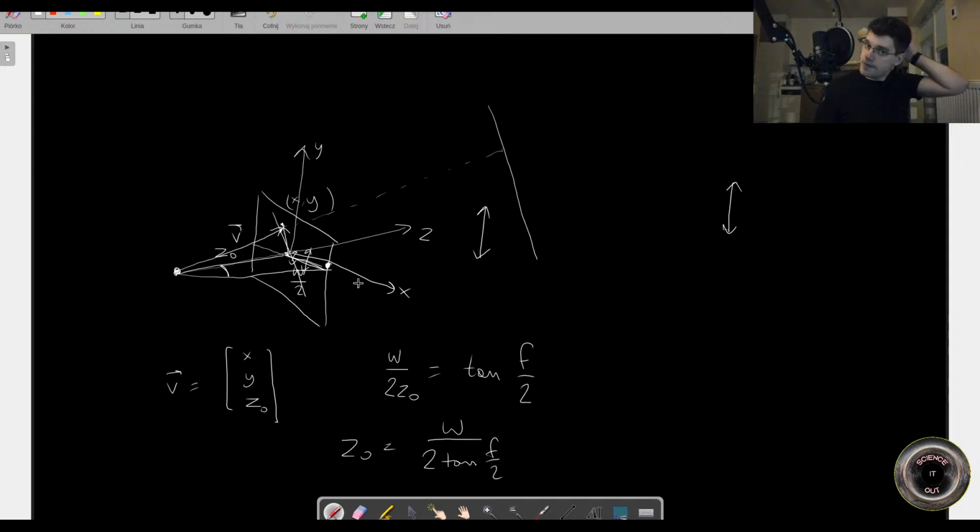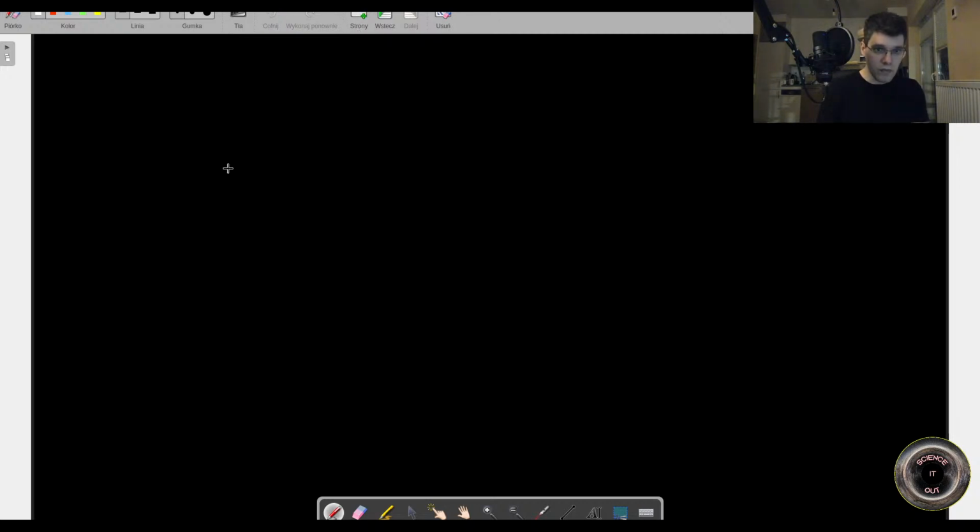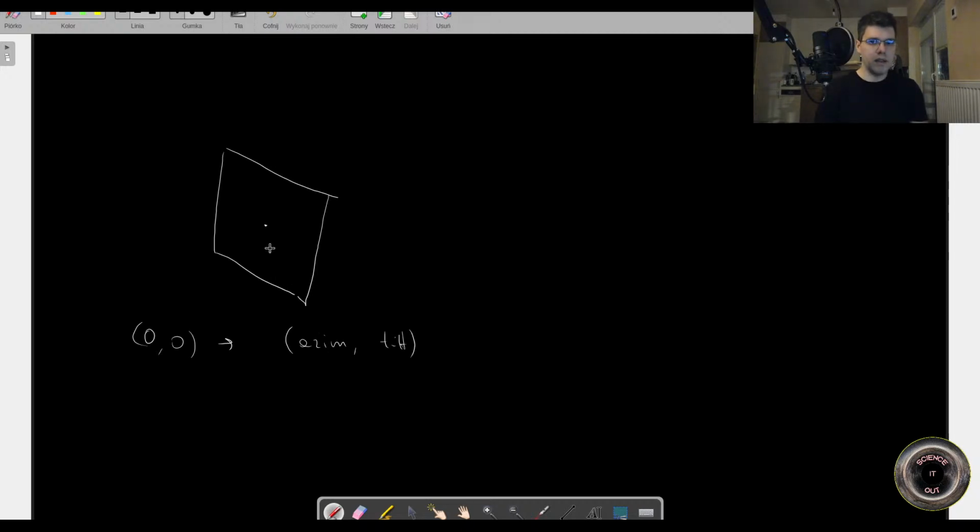But initially I did it a different way, and it was much simpler, and it also had one nice side effect. So initially the way I did it was like this. The center point of the image, 0, 0, is mapped to basically azimuth and tilt of the camera. So the azimuth in which the observer is looking for the center point is the azimuth chosen in the config, and the elevation angle initial is chosen according to the tilt of the camera.